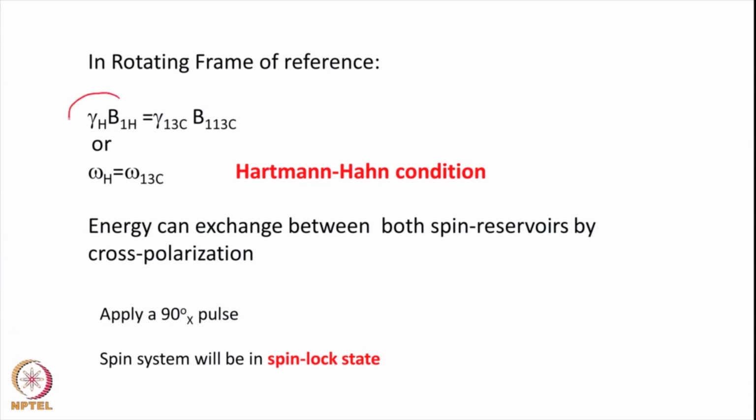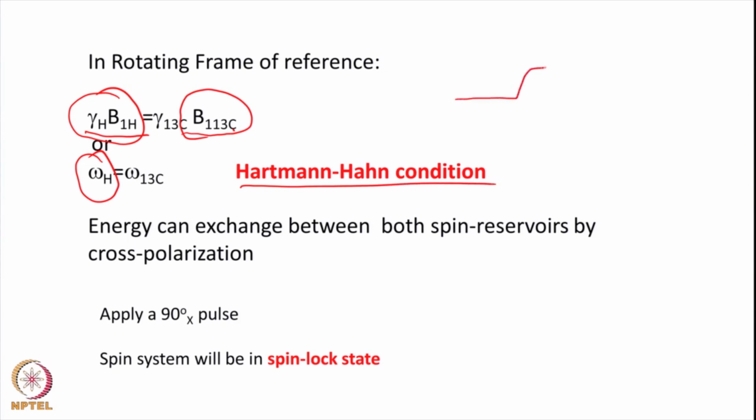In that case we can achieve that gamma H of the proton times the B1 field, which is a radio frequency pulse applied on the proton, will be equal to gamma of 13C times an effective field applied along the transverse plane, or rotating frame of reference, on 13C. If you do that, we can achieve omega of H equal to omega of 13C, and this condition is called the Hartmann-Hahn matching condition.